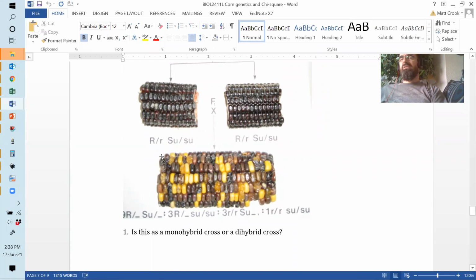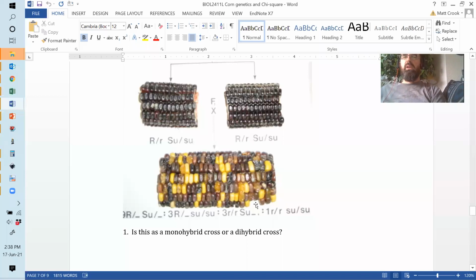Then use this picture, and although it's going to be a little tedious, it will be really straightforward. Just score these kernels. So that one there, that poor-looking one, that's yellow and wrinkled. That one's purple and wrinkled, yellow and wrinkled, yellow and wrinkled, yellow, purple, and so on, or purple and smooth.